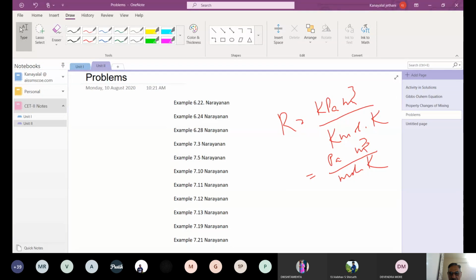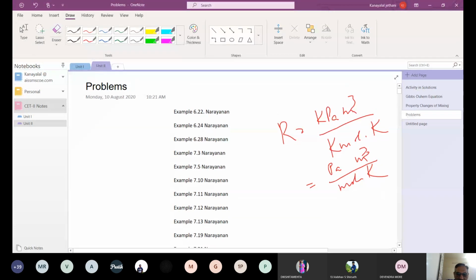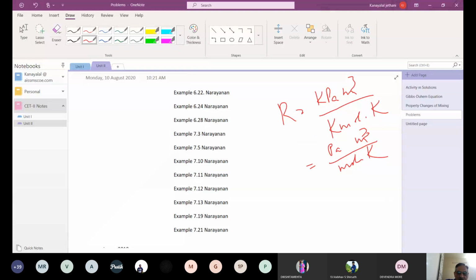And we can say he has taken density in cubic meters per mole, volume in cubic meters per mole. So the volume that was taken, V was 17/24.3 and into 1000. This is cubic meters per mole, not per kilomole.